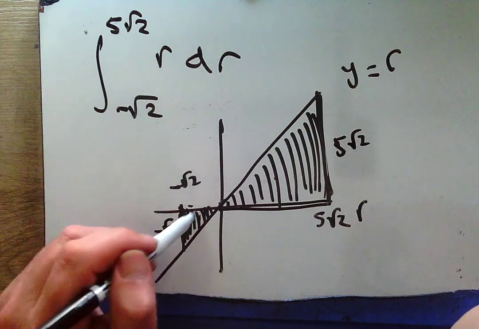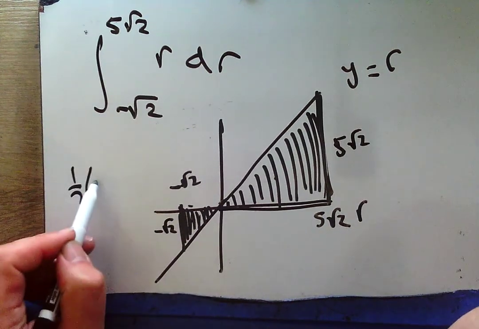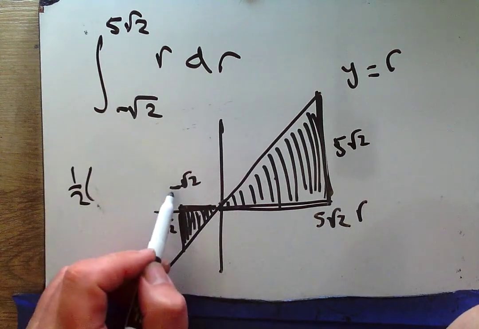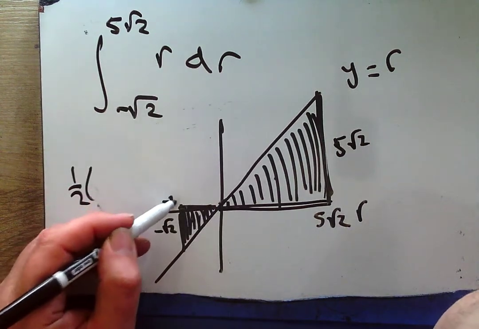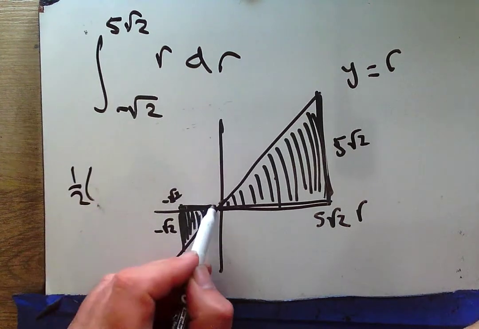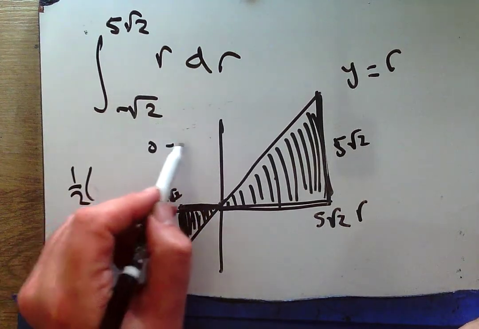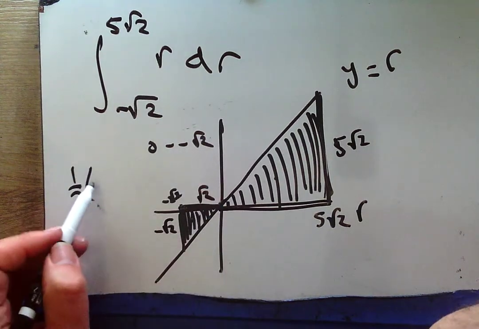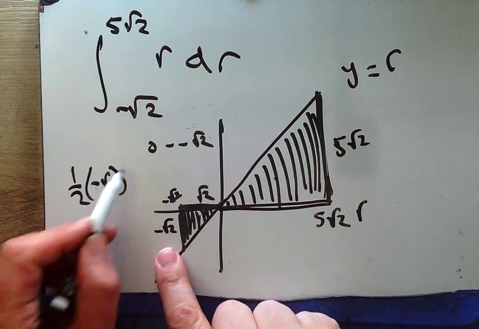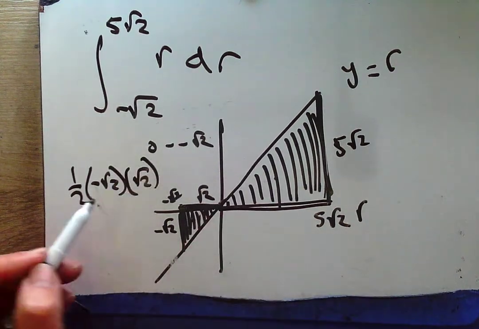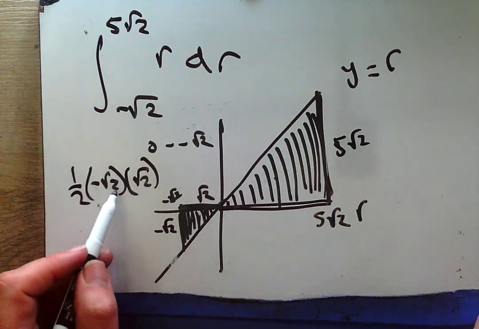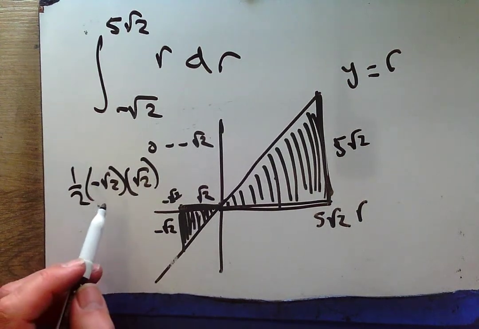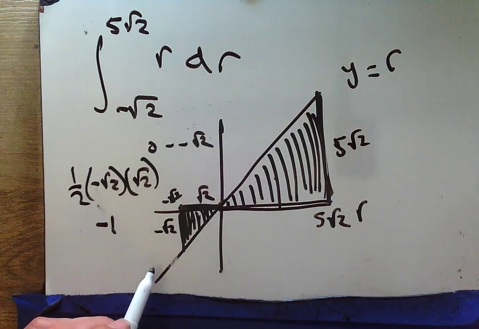So when I think about the area formula, I've got this distance is not negative root 2. This point is negative root 2. This distance is 0 minus a minus root 2 or root 2. So I've got negative root 2 here and positive root 2 here. Well, root 2 times root 2 is going to be 2. Divided by 2 is 1. Don't lose that negative. And so that's negative 1.